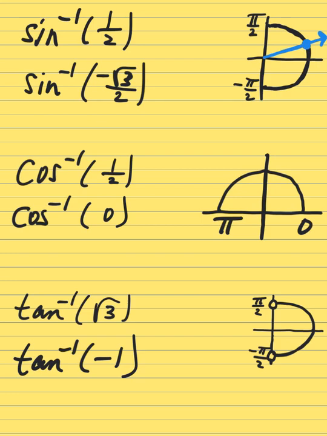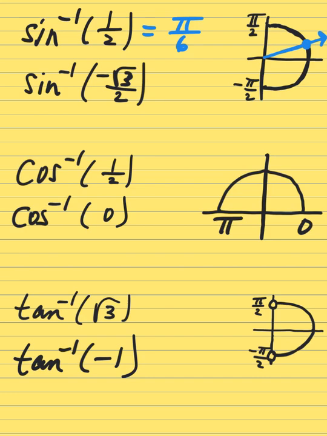If you look on your unit circle at pi/6, you will see at that angle the y coordinate is 1/2. Inverse trig functions are the angle, and specifically for sine inverse, it's the angle that has the y coordinate given in parentheses.